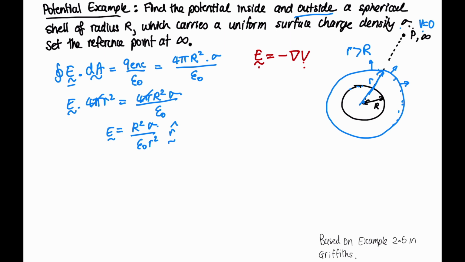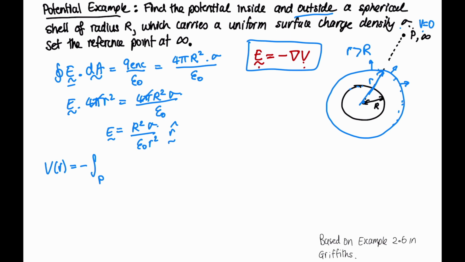So now we have an expression for the electric field, and now what we need to do is find the potential. So because the electric field is the derivative of the potential, to get the potential, we're going to have to integrate the electric field. So this is going to be equal to minus the integral from our origin point, which is our reference point at infinity.